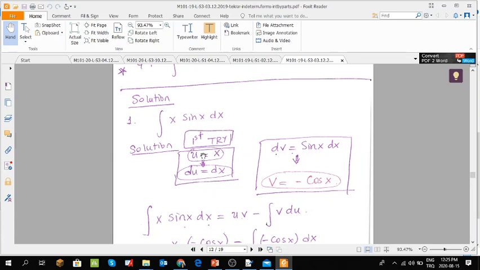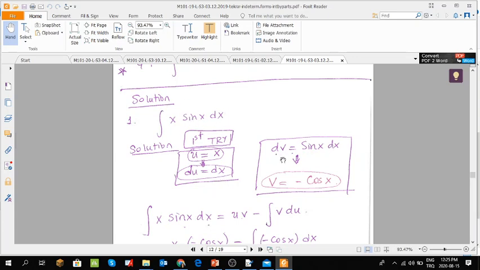Sometimes it doesn't work, but usually your first try you're going to get it right. Let u be x, because if you solve more questions, you're going to train yourself to choose the correct choice. So u is equal to x, du is equal to dx, and the rest is dv.